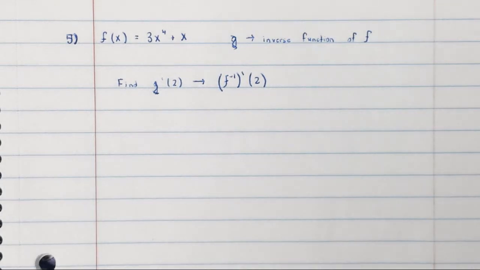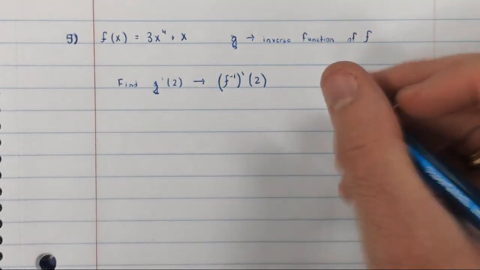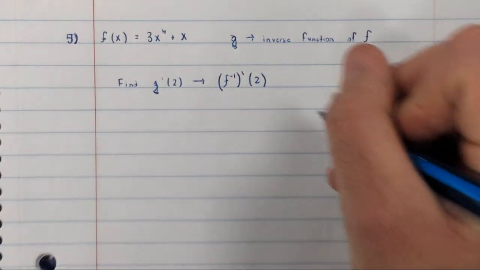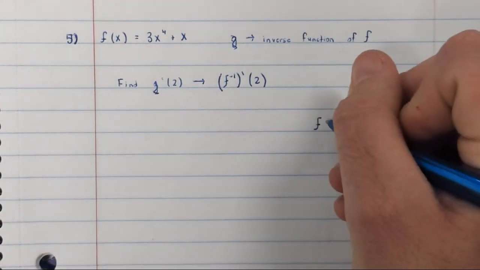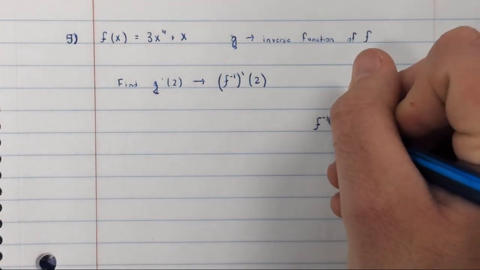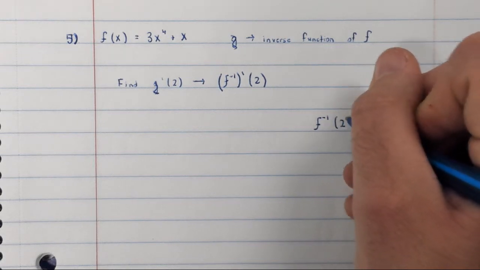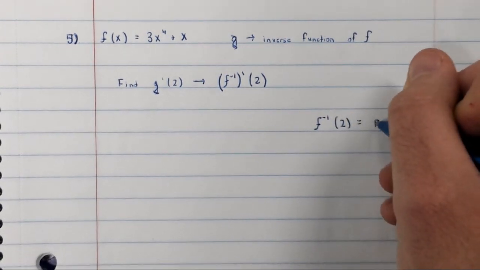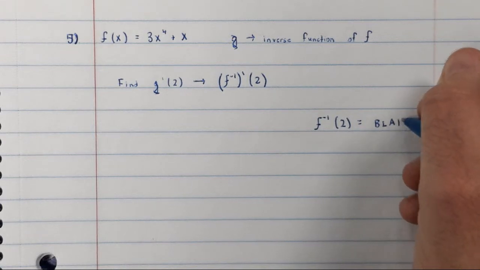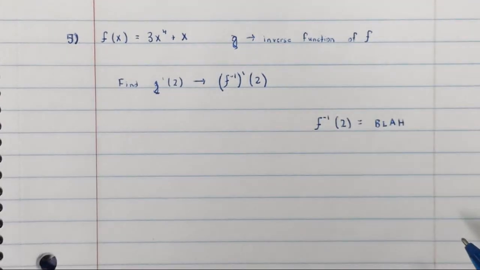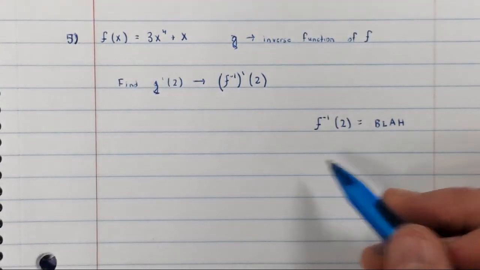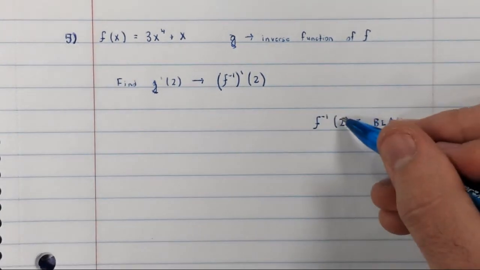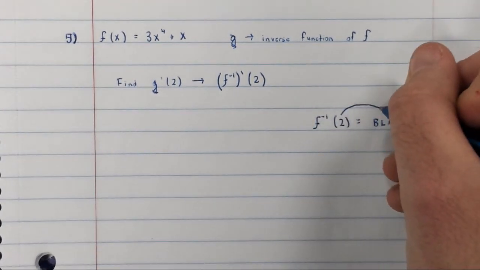Now, this is what was confusing a lot of us. Let's say f inverse of 2 equals, just, blah, something. Now, if we went backwards to the function, remember we switch our x with our y.